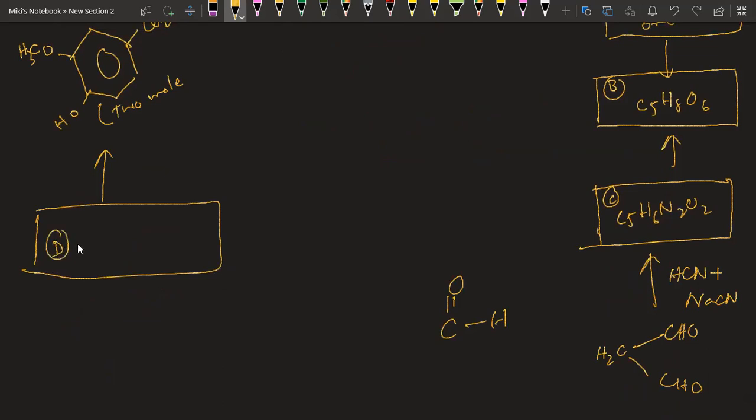Let's say this is D. That formula is C9H10O3. Conditions were, the first condition, I2 plus OH minus. Second condition was given as H plus aqueous. This is at first alkaline condition, then acidic condition is given.